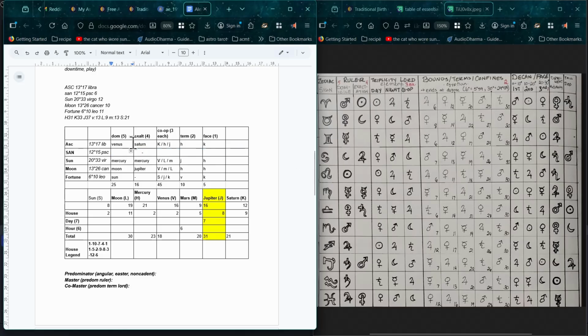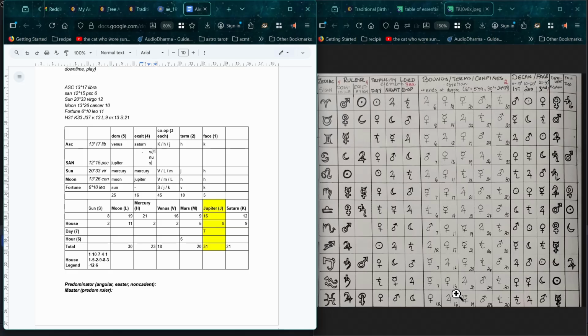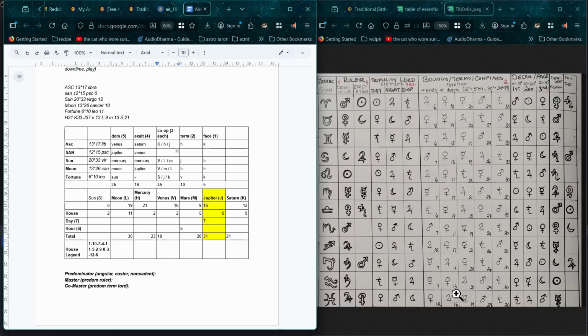So Pisces, this is for the Almuten calculation. It's at 12 degrees, so that's after we begin 12 degrees. So that's going to be in Jupiter's term and Jupiter's face. Between 10 and 20 degrees is the second face. So Pisces is ruled by Jupiter and has exaltation of Venus. And the co-rulers are Venus, Mars, Luna. And the term is Jupiter's, and the face is Jupiter's.